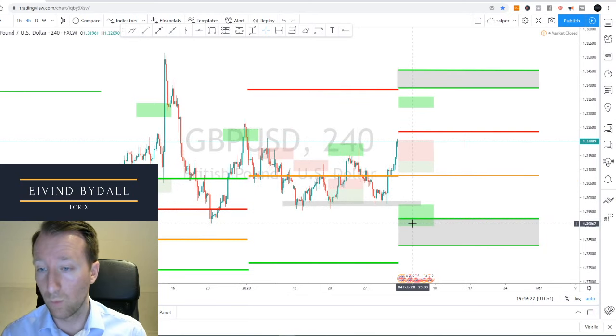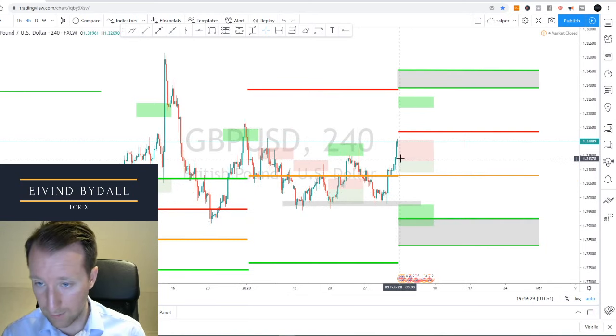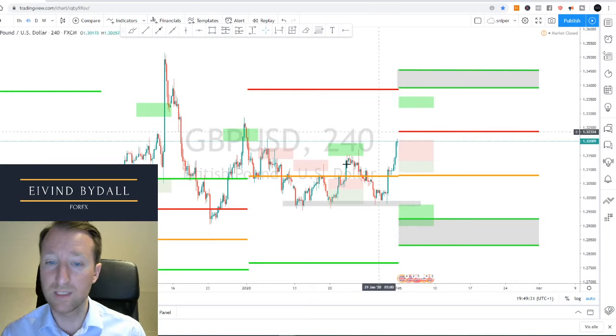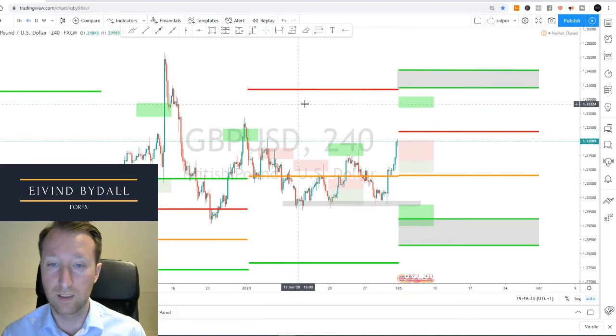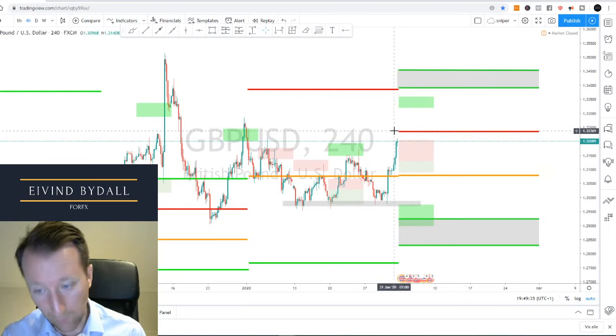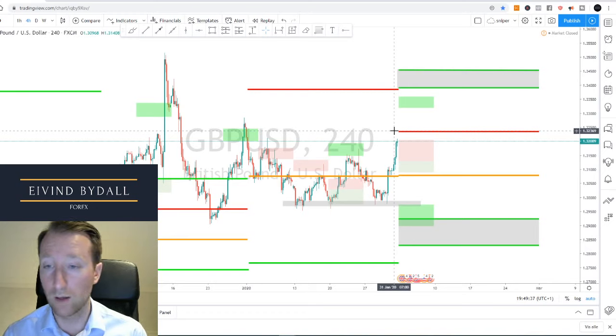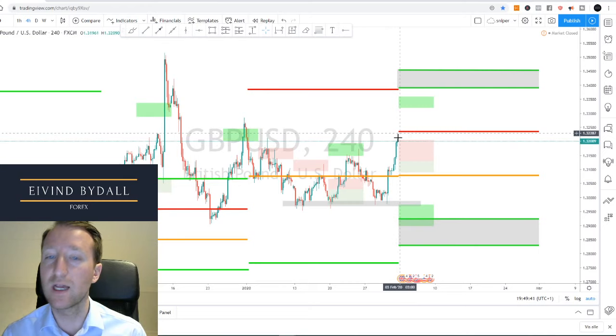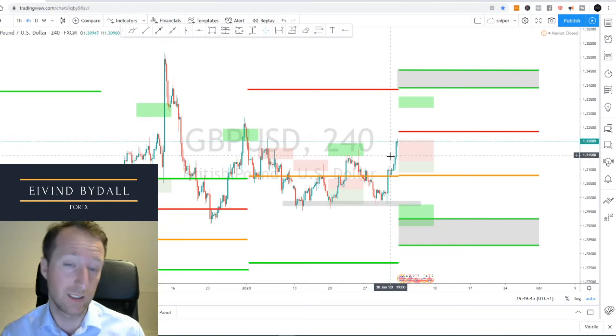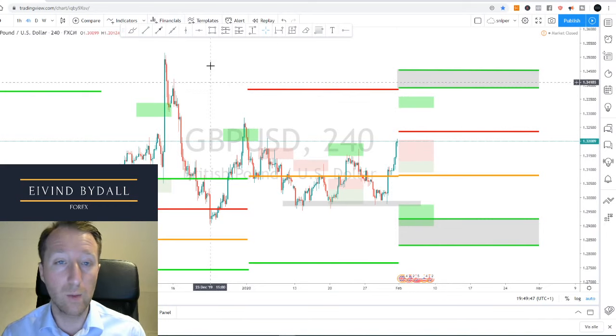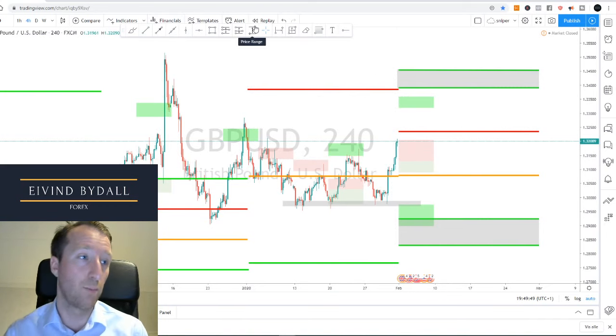What I wanted to tell you is that I use these monthly pivots at great length in my trading. So when price is high, that doesn't mean it's necessarily going to continue higher. I will then make two plans.